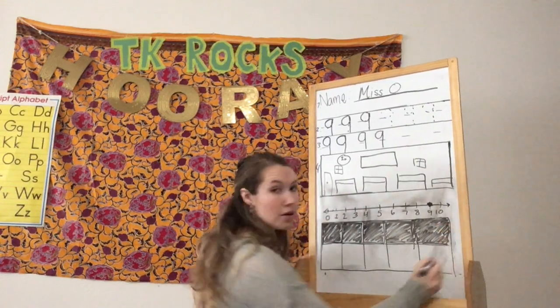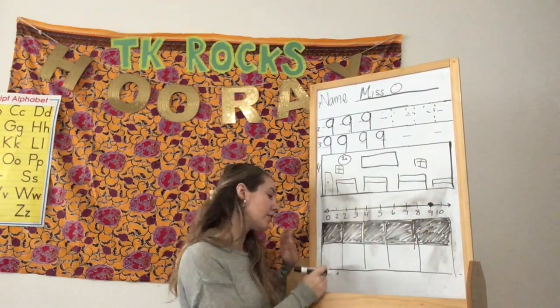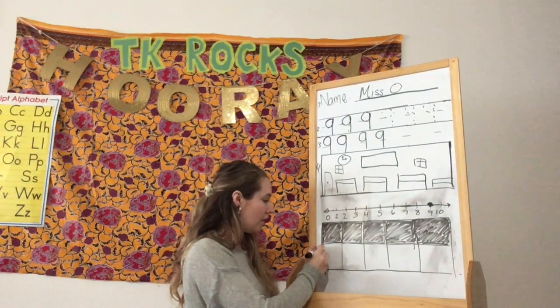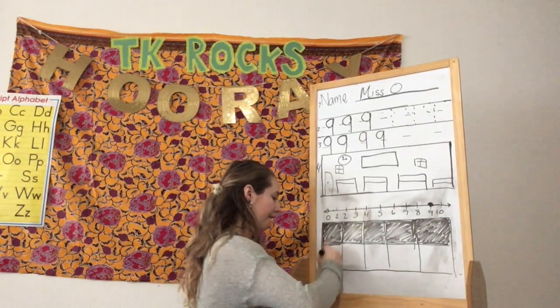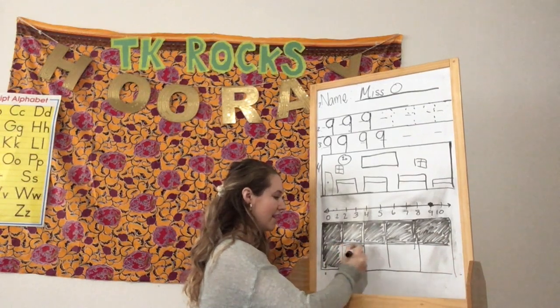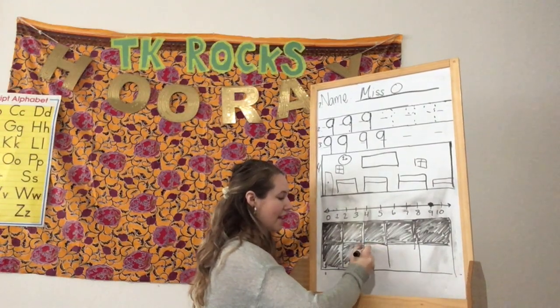And remember, when we go down to the second row, we always have to come back and start on the left side. Some of us are still forgetting that we need to start on the left side when we go to the second row. So here I have 6, 7, getting closer, 8.